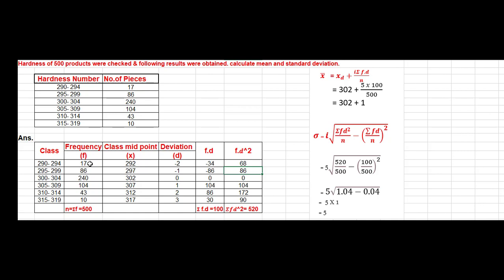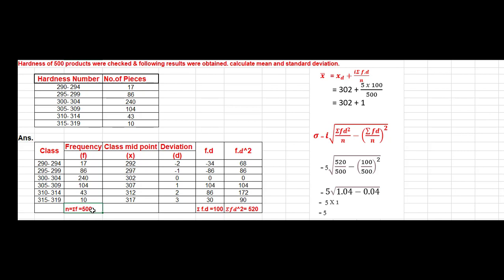Now the summation of all the frequencies is 500, because we have represented data of 500 products. So the summation of frequency, sigma f, is also represented as small n, which is 500.